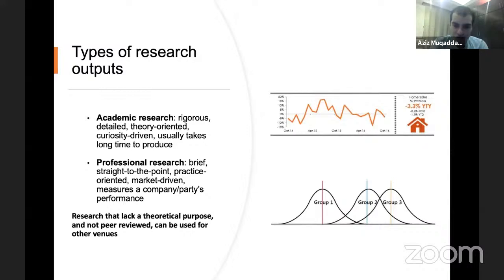I would say, result driven. That is to say, professional research is also interested in explaining reality, but in a way that is practice oriented. So I study a phenomenon in order to understand how it's going to help my client or my employer.